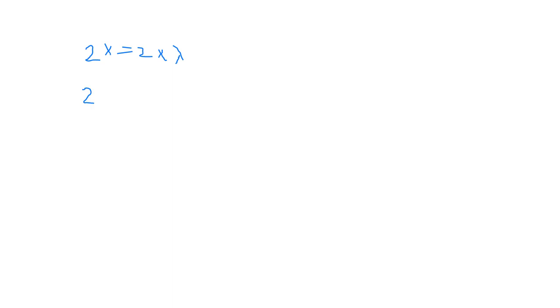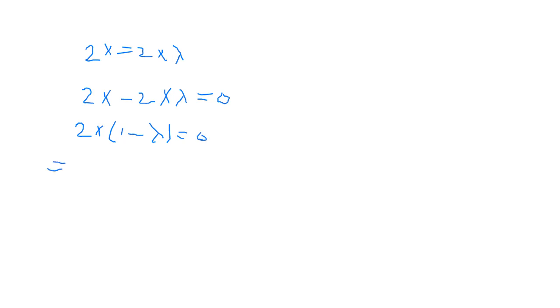So that means 2x minus 2x times lambda equals 0. And if we factor 2x out, we get 2x times (1 minus lambda) equals 0.